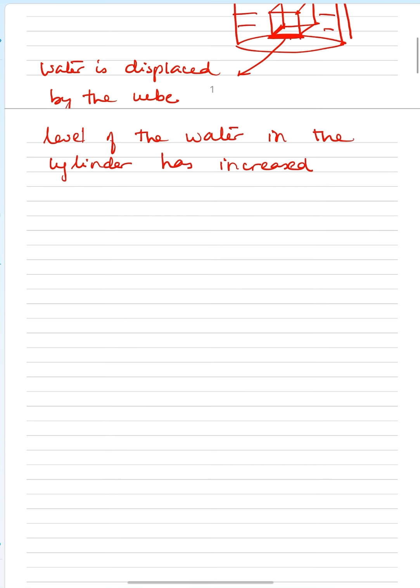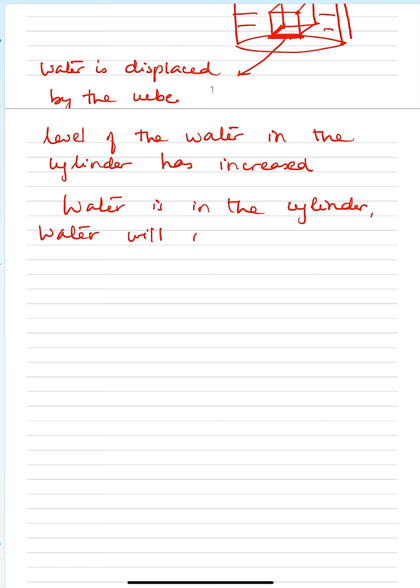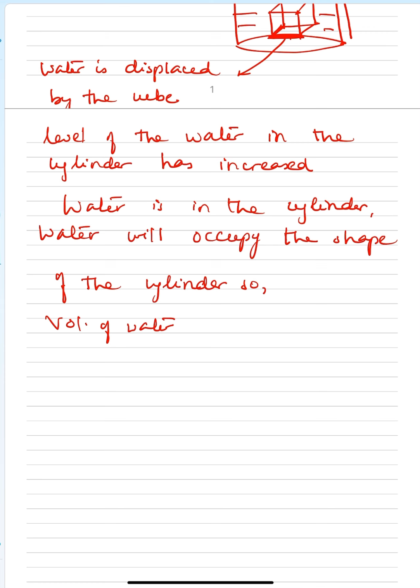Before that, we should understand that because the water is in the cylinder, the water will occupy the shape of the cylinder. So we can say that the volume of the water displaced is equal to the volume of the cylinder.